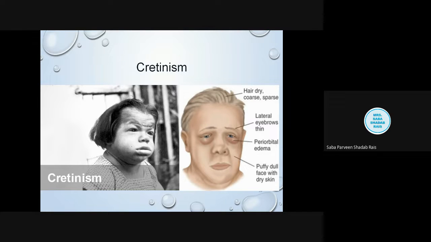Their skin will be rough, with wrinkles like old people, thickened as compared to normal skin, and very dry. They have a protruding tongue, and not only that, they have dribbling saliva. Because of that, they have a somewhat idiotic look.